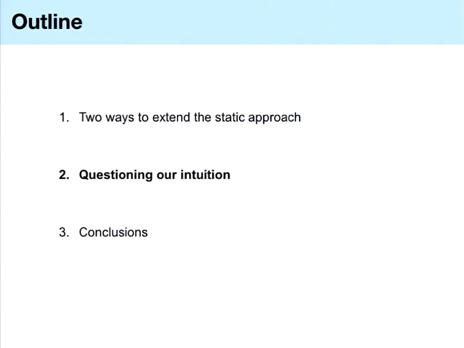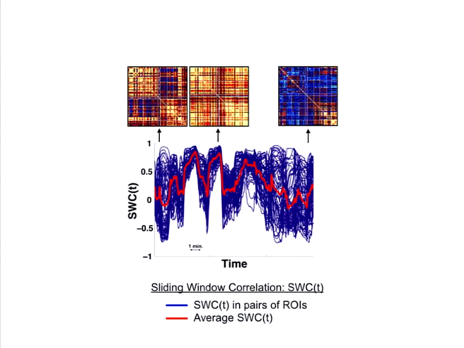I will now address a question that has led to a lot of confusion, I think, in this field, and that arises when looking at the following picture. So we can take some time to look at the picture, and a question that we might have when looking at this is to know whether we need different models of the data to model what's happening at different moments in time during the scan.